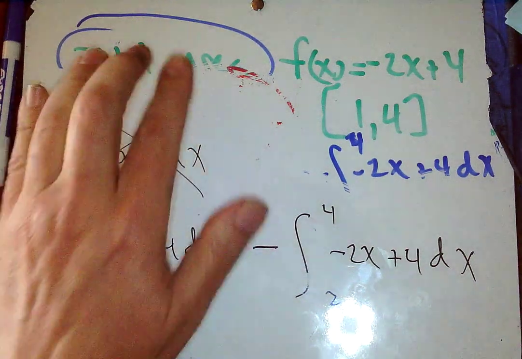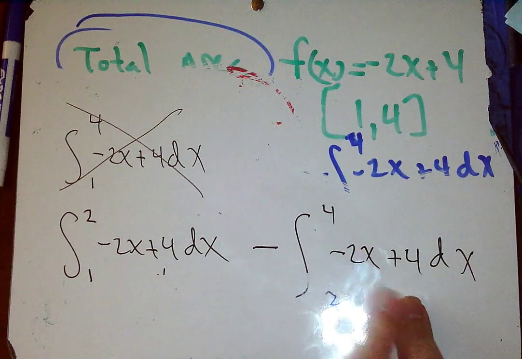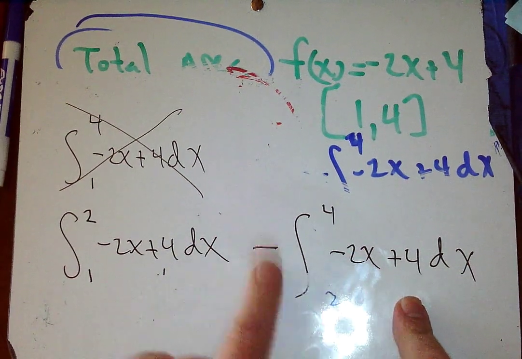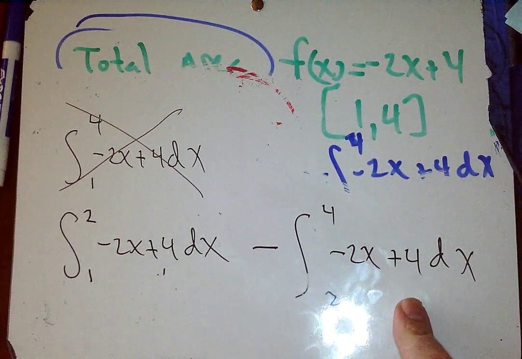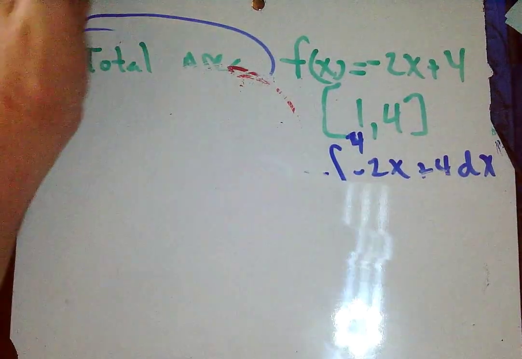If I'm looking for total area, I want to find the area of all the bits, and the minus ones, I'm going to have to make them positive by subtracting those minus ones. If I'm talking about average rate of change, I'm talking about using the slope formula with a function. If I'm talking about finding the average value, then I need to use the average value formula.